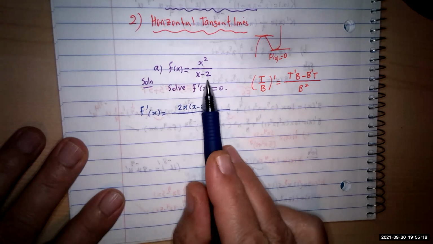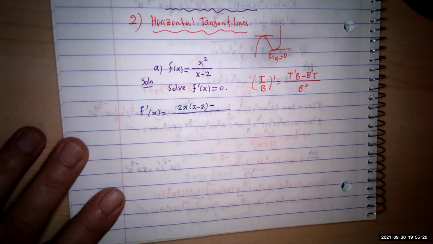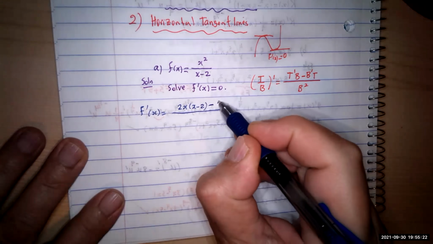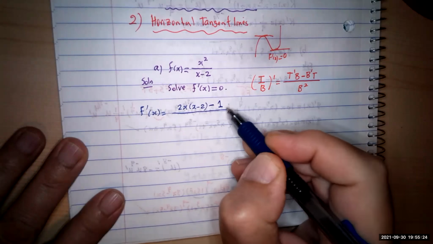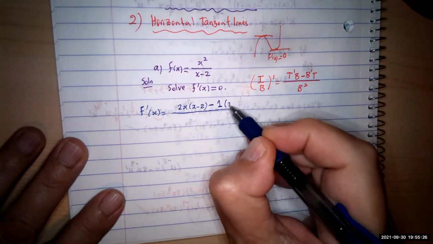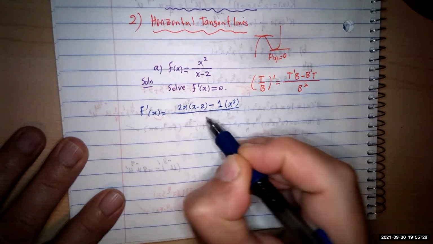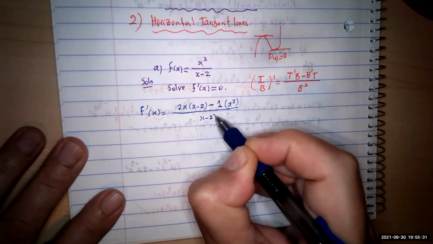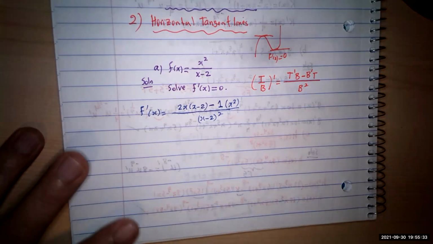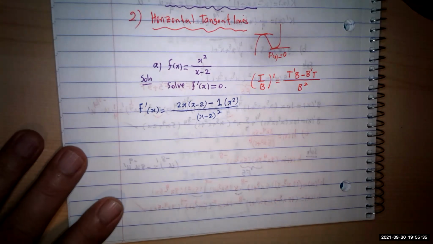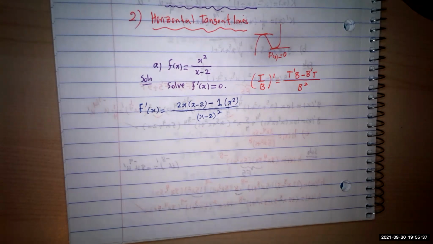The derivative of x minus 2 is 1, times the top. So it's going to be negative 1 times the top, x squared, divided by the bottom squared, x minus 2 squared. Any question?